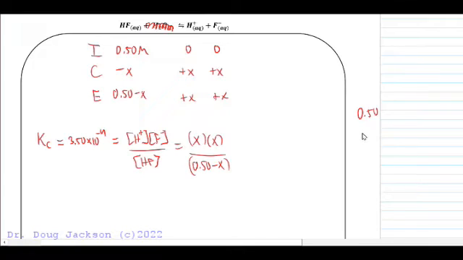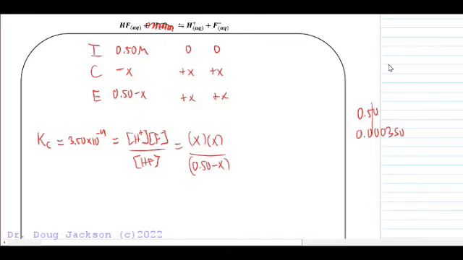Our equilibrium constant is 3.50 times 10 to the minus 4. And so it's very small, smaller than our value for our initial concentration. And what that means is X is probably also pretty small.